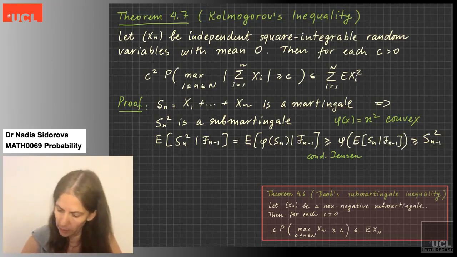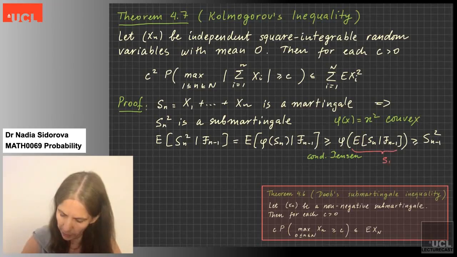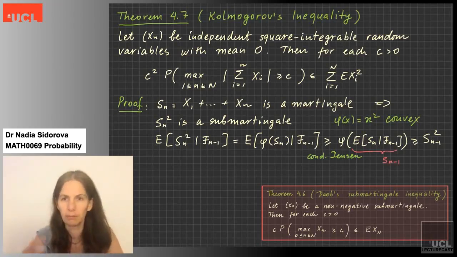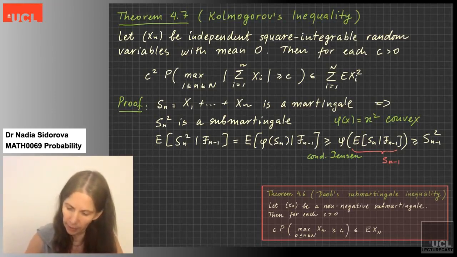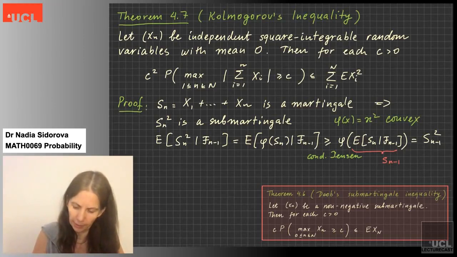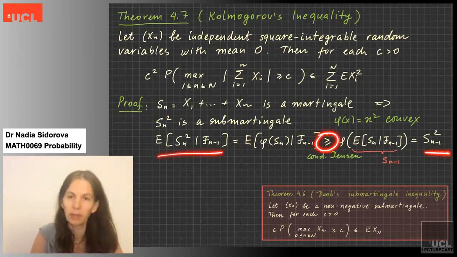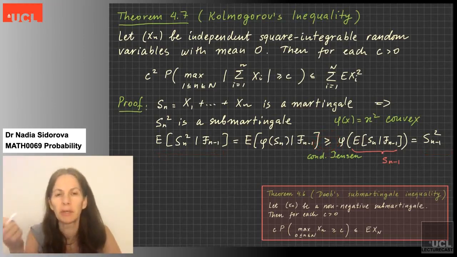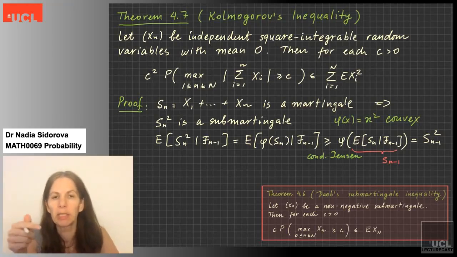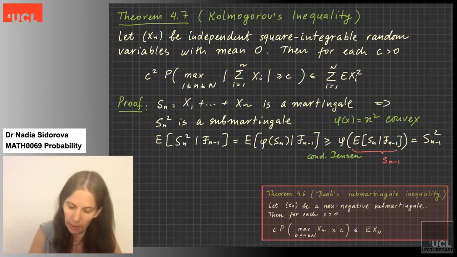Now, since Sn is a martingale, this term is Sn minus 1, and phi is x squared. So the last thing is the equality. But between this and this, I have greater or equal. So Sn squared is a submartingale. Again, it's obviously adapted to the natural filtration, and it is integrable because Xn is square integrable.